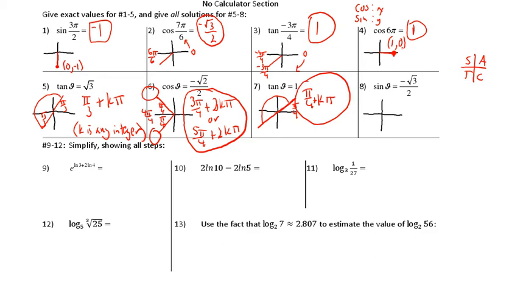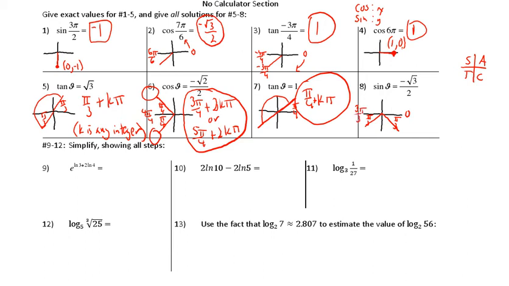All right, how about this last one? What 2 quadrants can I be in if sine is negative? The third one and the fourth one. Good. And my reference angle is pi over 3. Here's 0. Here's 1 pi.